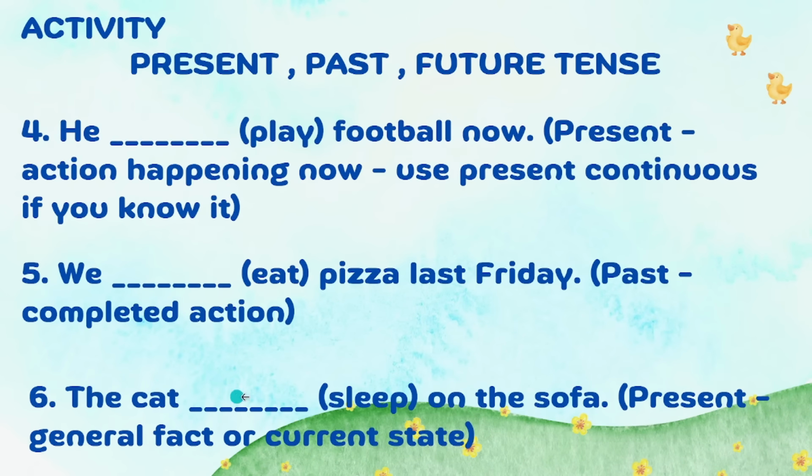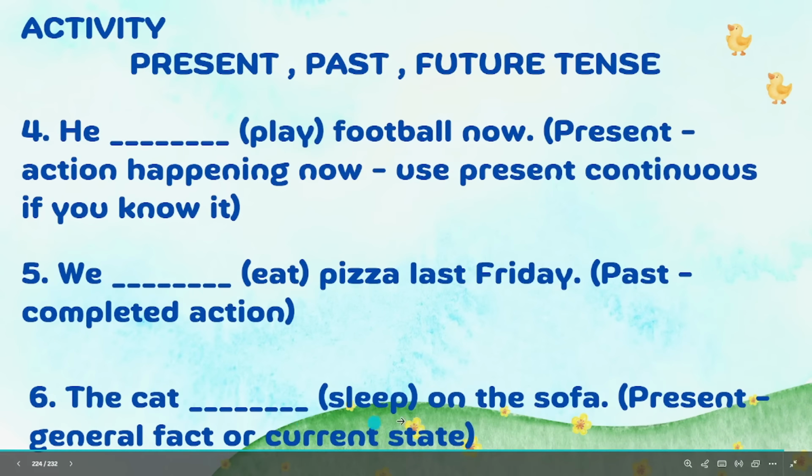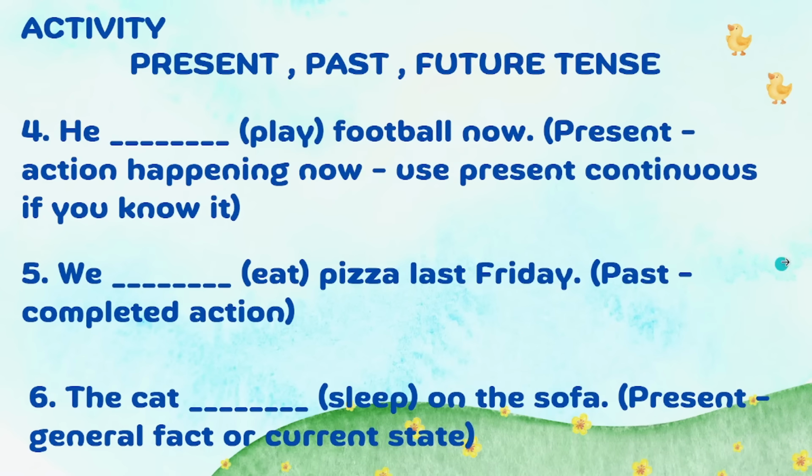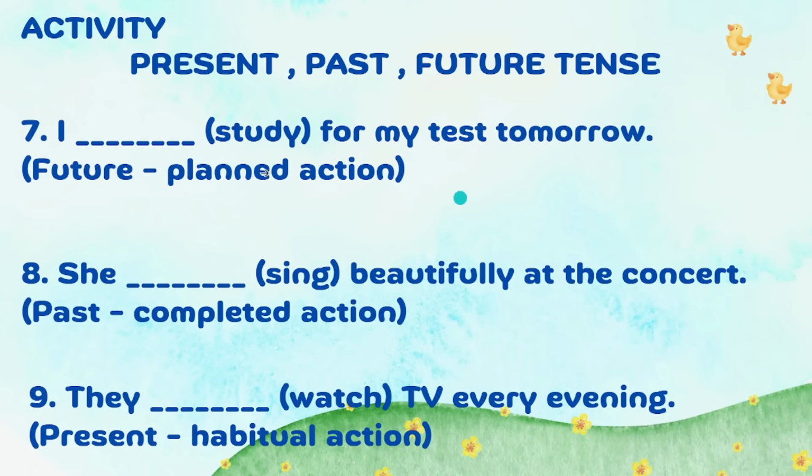The cat sleeps on the sofa. Okay, currently. Okay, so we will just add S for the word sleep. Okay, now for here, future. I will study for my test tomorrow.